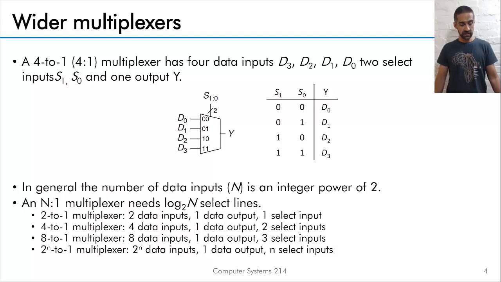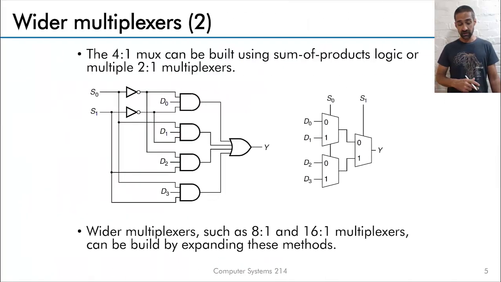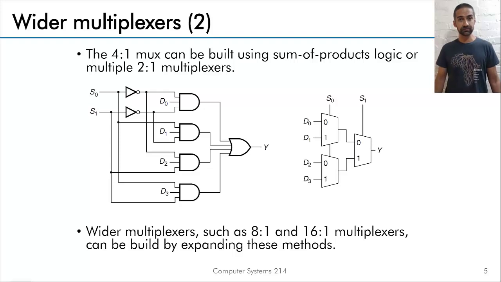Then a 2^n-to-1 multiplexer requires 2^n data inputs, 1 data output obviously because it's multiplexing, and then n select lines. So just keep that in mind as we go through, but multiplexers are, like I said last time, pretty common.